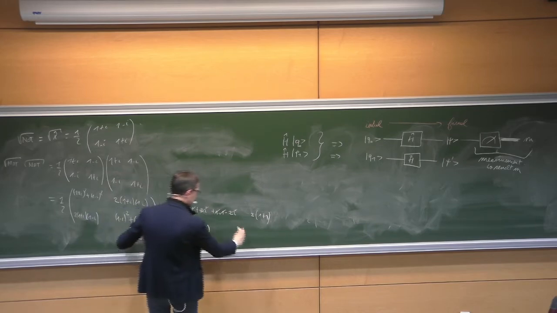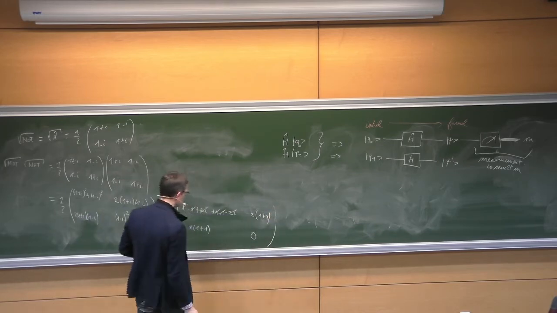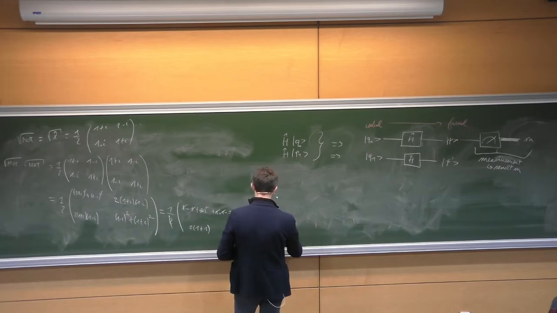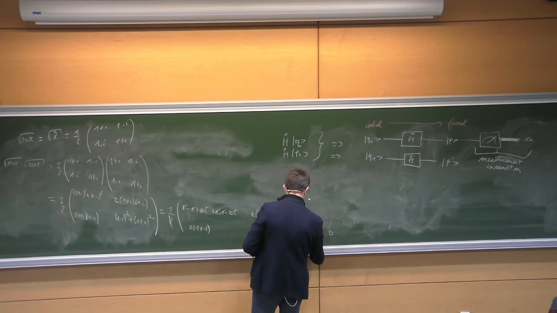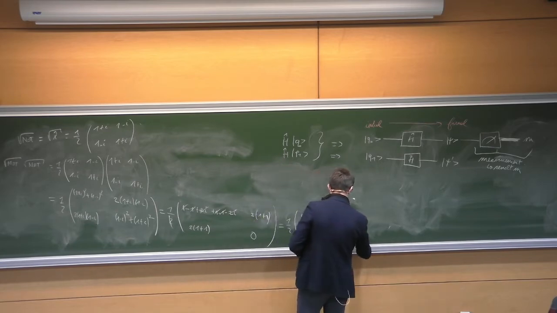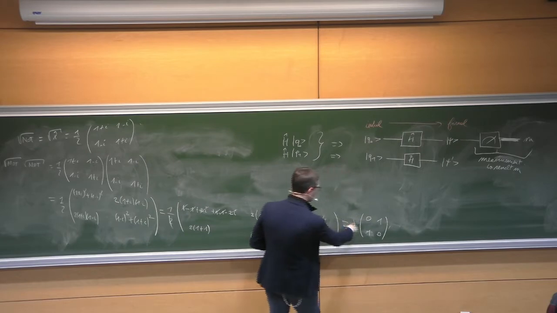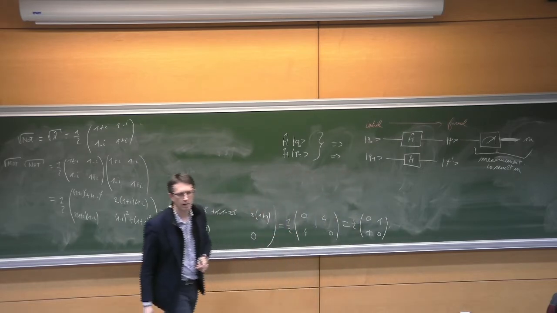And then here it'll be the same as here, which is 0. Okay. So what I end up with is 1/2 of 0, 0, and then 4, 4. That's going to be 2, 0, 1, 1, 0. So if we forget the factor in front, we regroup the x gate here.